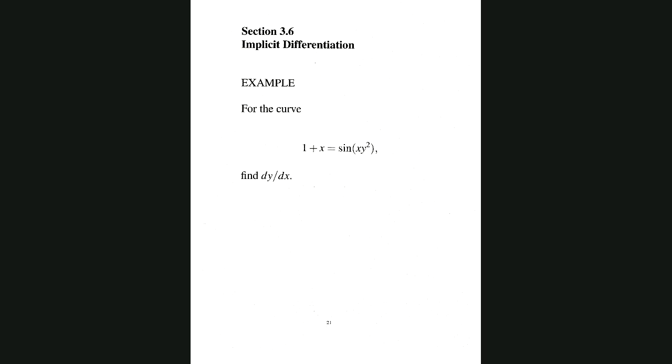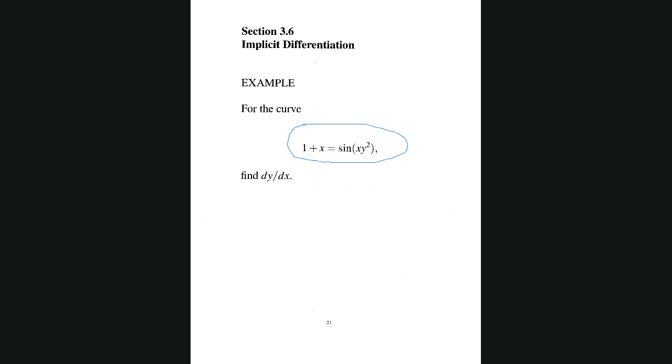Okay, so here, wow, this is an interesting curve. And you know, to plot that curve, do you think it would be easy to solve that for y? I guess it would be possible, but certainly not easy, right?